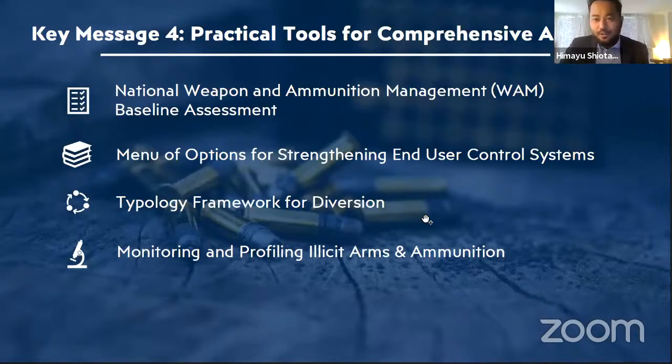To conclude, Paul, if you may, and I hope I'm keeping to time, I just want to reference very quickly some tools that we already have that you could use. One is a baseline assessment methodology at the national level.